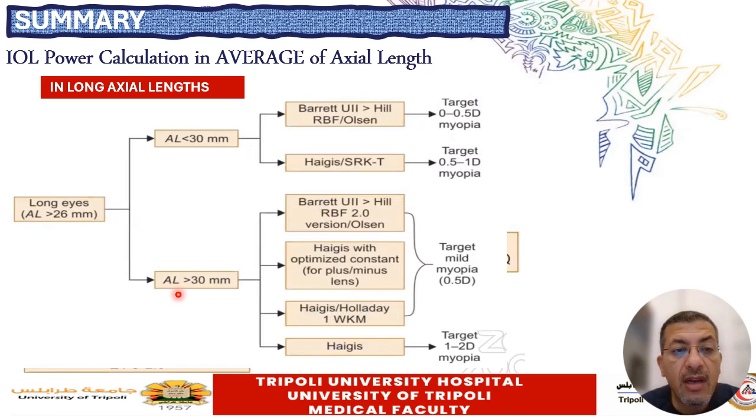Now, if it is a very long eye, more than 30 millimeter, very high myope, the Barrett Universal 2 and the other new formula utilizing artificial intelligence with ray tracing like the Olsen formula, provided you adjust the target refraction to be minus 0.5 diopter. So you can understand that in average sized eyes, you can use whatever. In short eyes, the Hoffer Q is the most popular, and in long eyes, the Barrett Universal 2 is most popular.